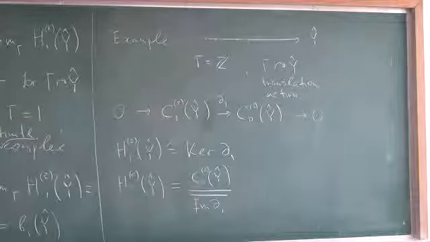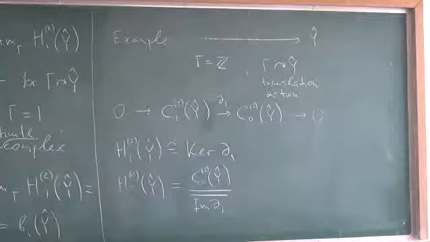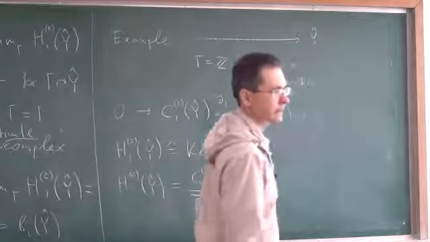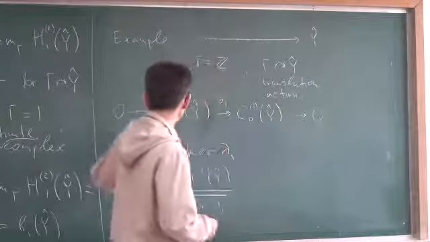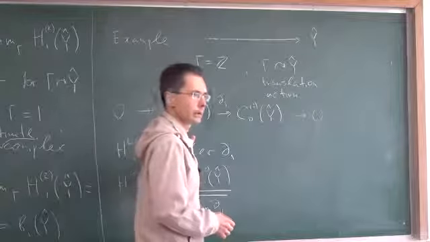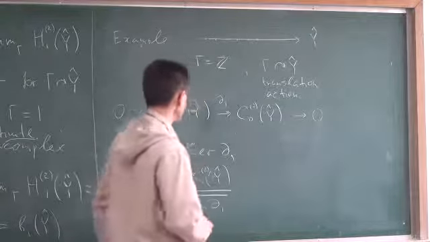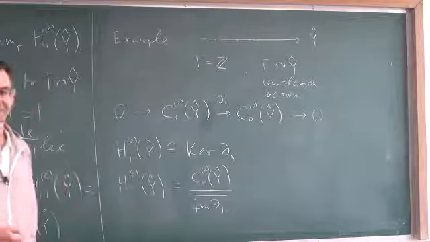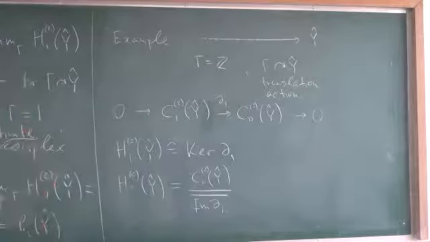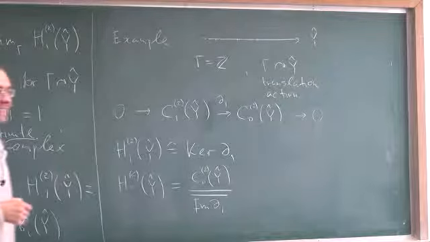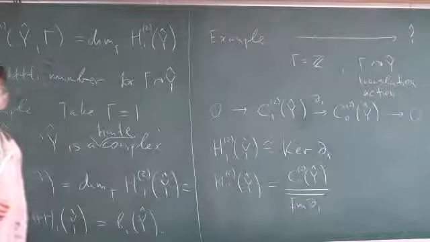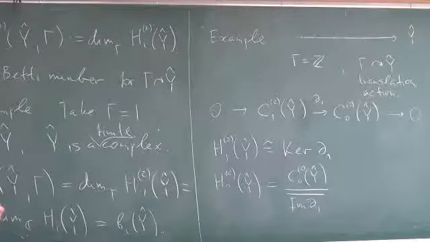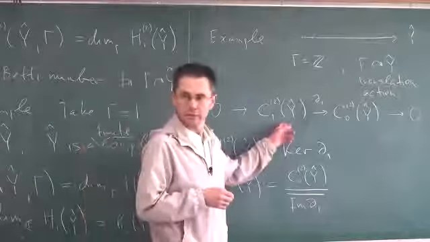So you say the image is 0? Image of what? The image of this. It is not zero. Good question. What's the map? There's a gamma module. In the kernel, there is only the zero function, the constant zero function. So the zero function is the kernel.